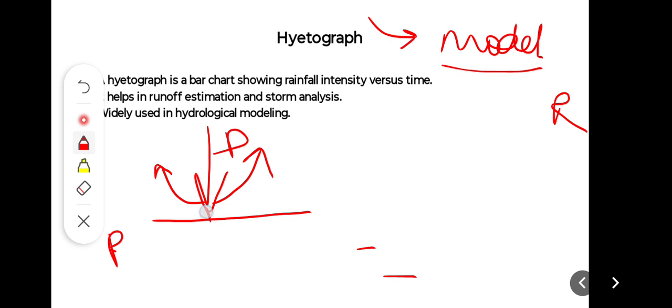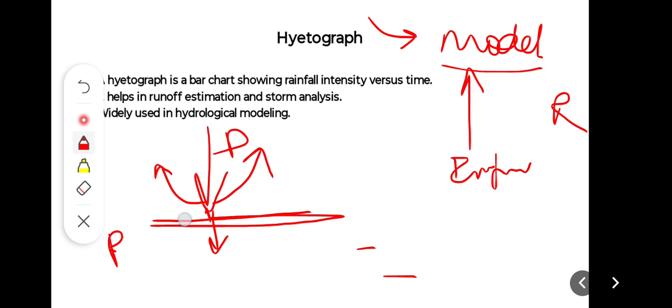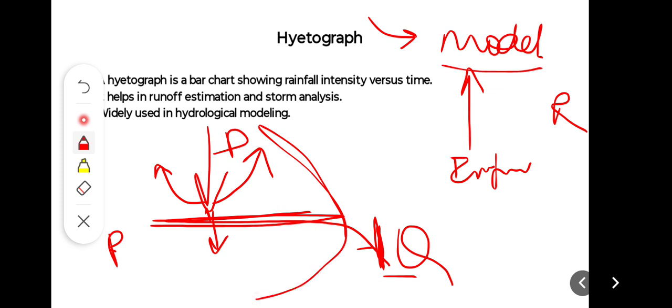When it comes on the ground, infiltration starts. So in this model we have to give equations for infiltration. Similarly, we need to know which type of soil is there for the whole area up to the outlet where we are calculating the discharge, and on that basis infiltration will be calculated.